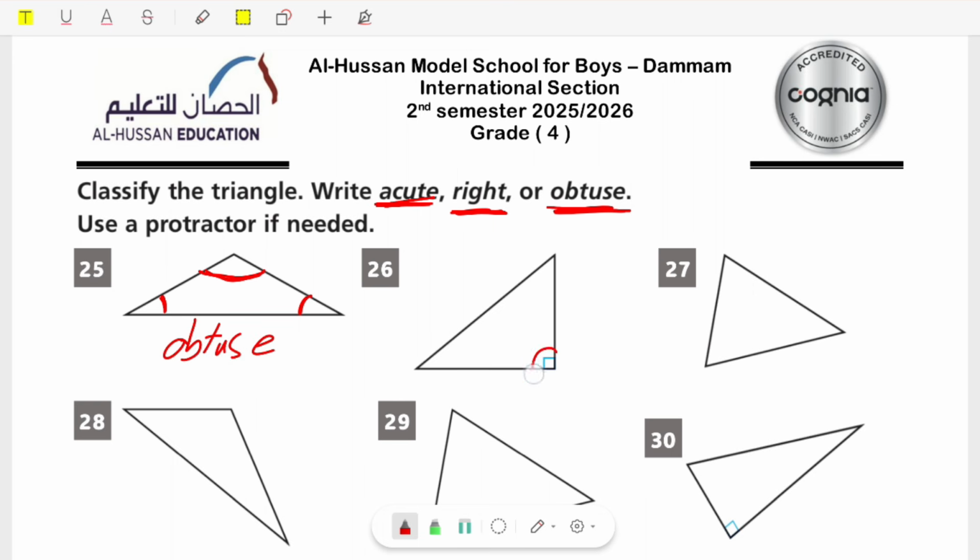Okay, the next one, we have a square corner, so it's obviously a right triangle. And the next one, all angles are small, tiny angles, which means acute triangle.